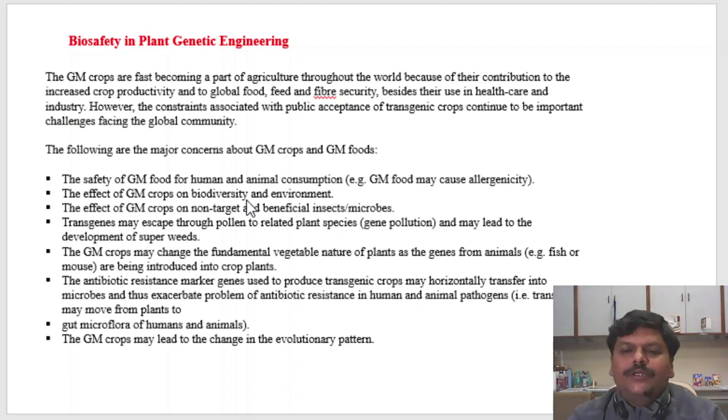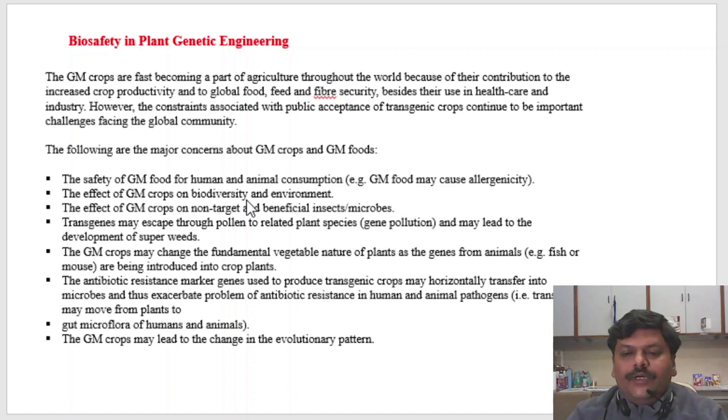These issues are mostly related to 3-4 categories, such as they need to be tested for any adverse effect on humans, if they need to be consumed, or on other animals, which can use plants for various things. Most common is for the foods.